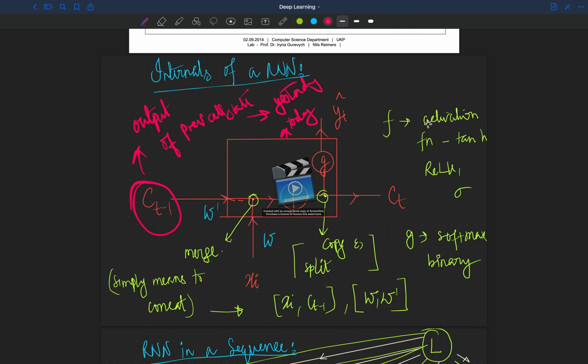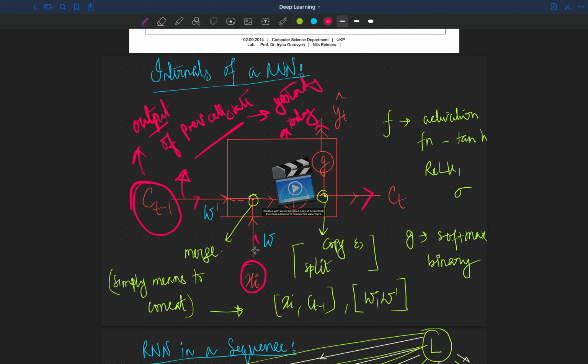We can see that we have two inputs and two outputs. This is an output and this is an input. This is the output of the previous cell state that gets entered, or previous information as you can say, and this is the input of the current cell state or current information.